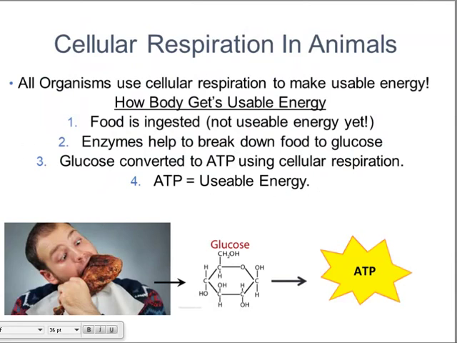Here's a brief explanation of this in picture form. All organisms, including plants, I'm going to stress that enough, including plants, use cellular respiration to make usable energy. Sure, plants use sunlight to capture the energy into glucose, but then they take that glucose and they break it back down into ATP.